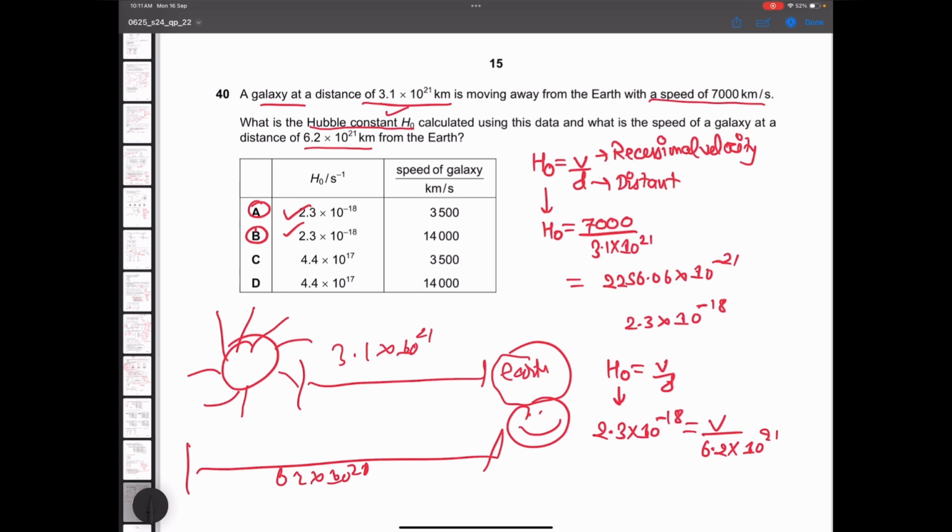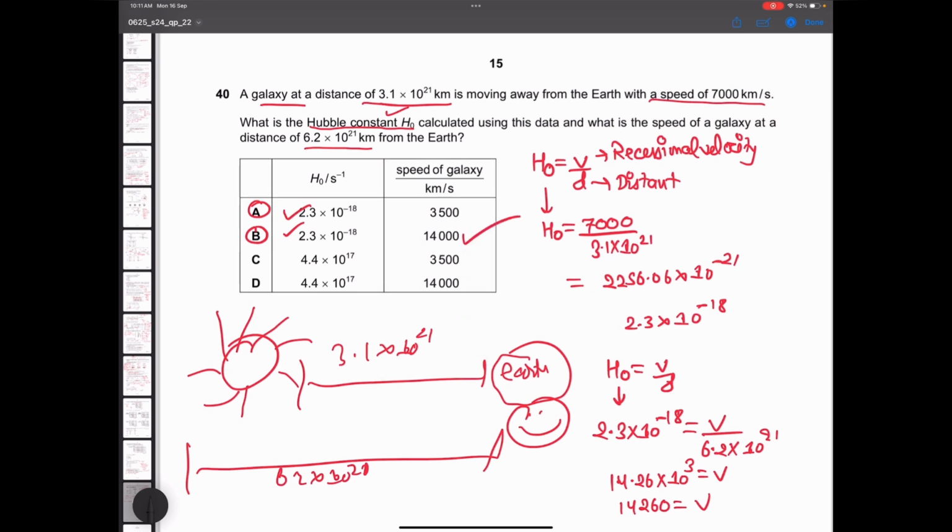So 2.3 times 6.2 is 14.26 into 10 to the power 3 as the velocity. So the answer will be nearly 14260, which is coming out to be option number B.